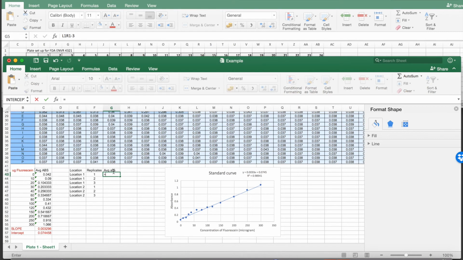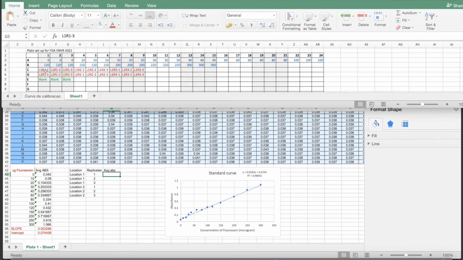So I need to keep an eye on their map and on the data obtained by the instrument reader, okay? So their first location 1 and replicate 1 is located in C1, 2, 3, okay?